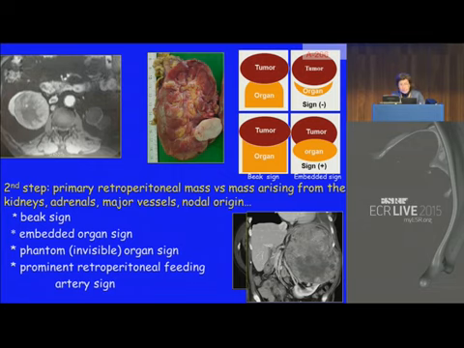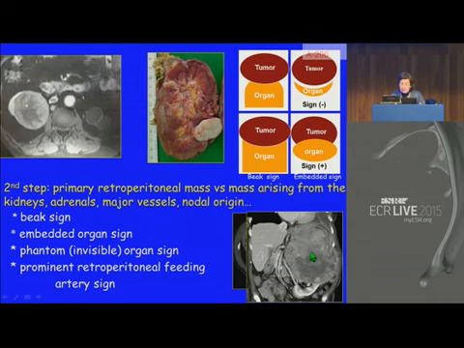Other signs might be useful. When a huge mass develops in a small organ, then this organ may become undetectable. This is the phantom organ sign, as you can see here in this example of huge adrenal carcinoma.